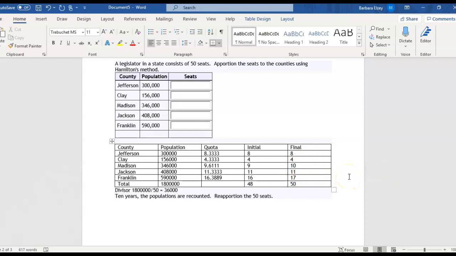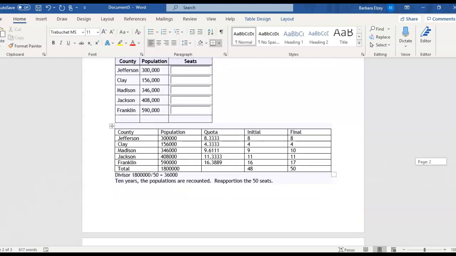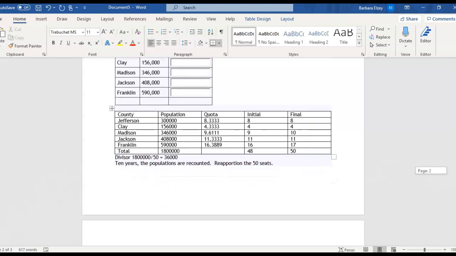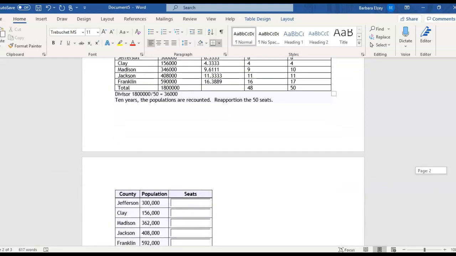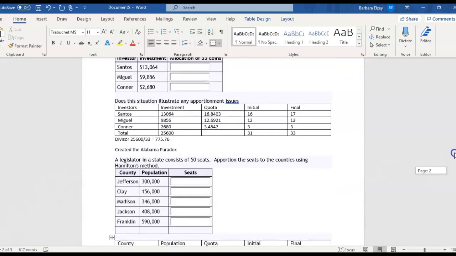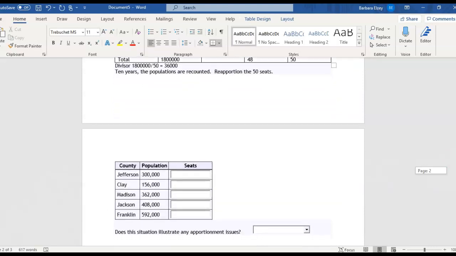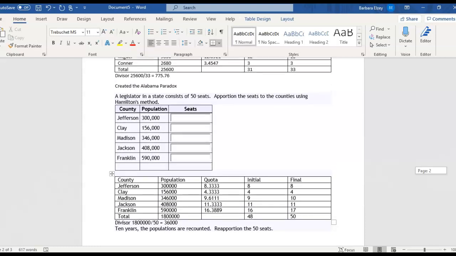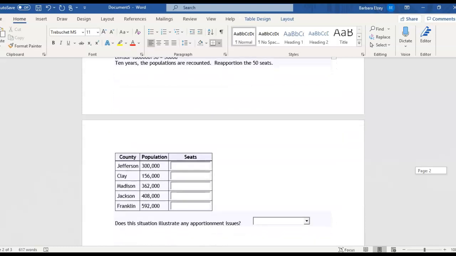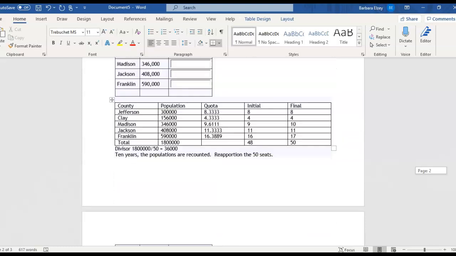Okay, now that we've got that allocated, we're going to make a change and see what paradox occurs. So in 10 years, the populations are recounted, and we have to reapportion the 50 seats. So we still have the same number of seats in this Congress, but the populations have changed somewhat. Looks like Madison's population has gone up, and Franklin has gone up slightly.